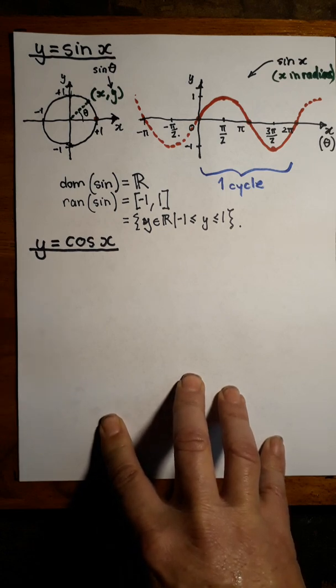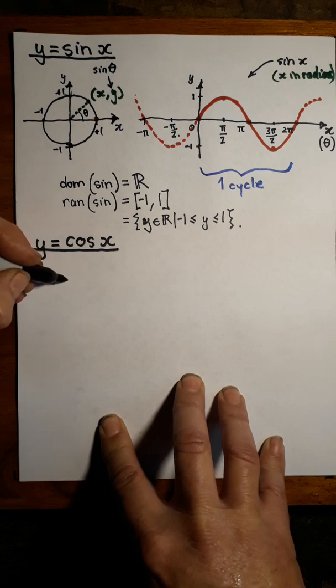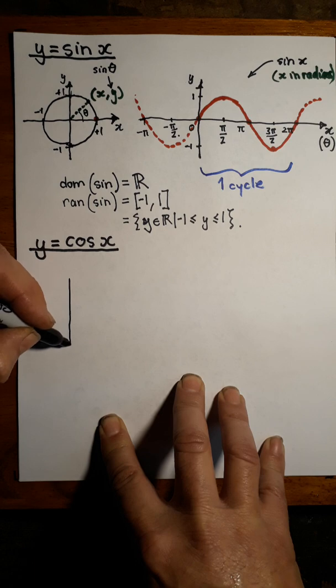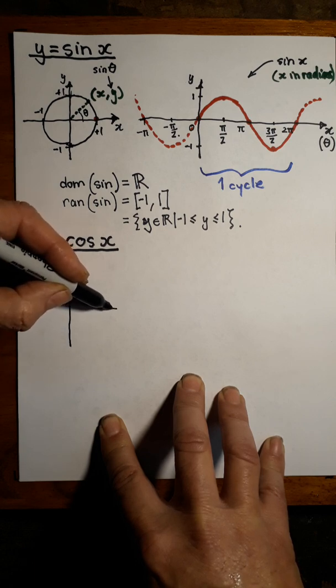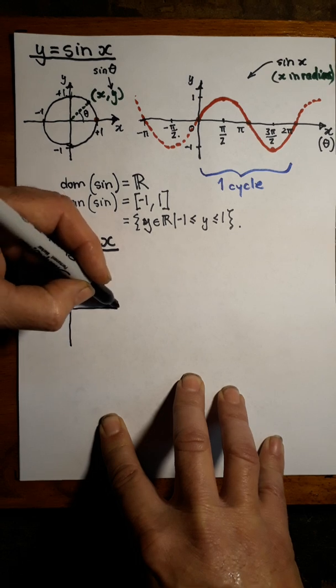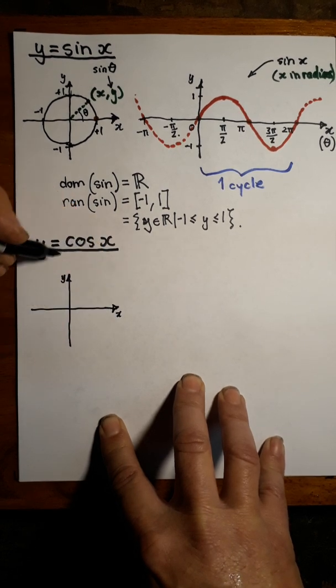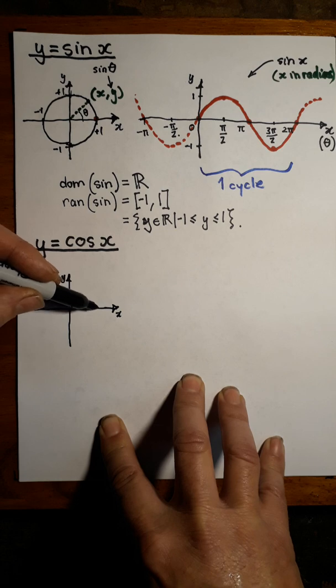I'll begin with drawing something resembling the unit circle down here, and we'll have our y-axis, our x-axis across here. We'll draw the unit circle on.